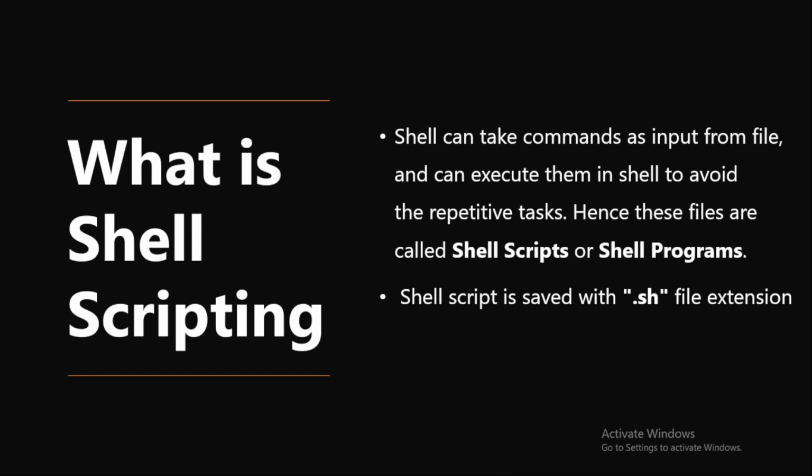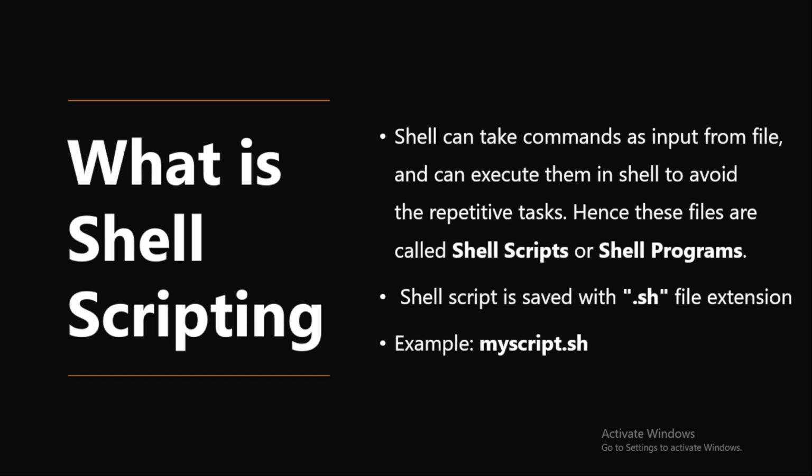For example, we have myscript.sh. Here myscript is the file name and .sh is the file extension. The file will be understood by an interpreter as a shell script file. That's the advantage of using file extensions for the respective program.